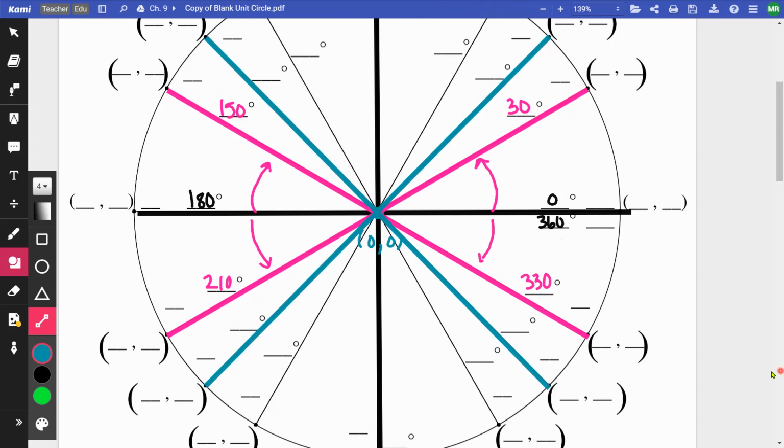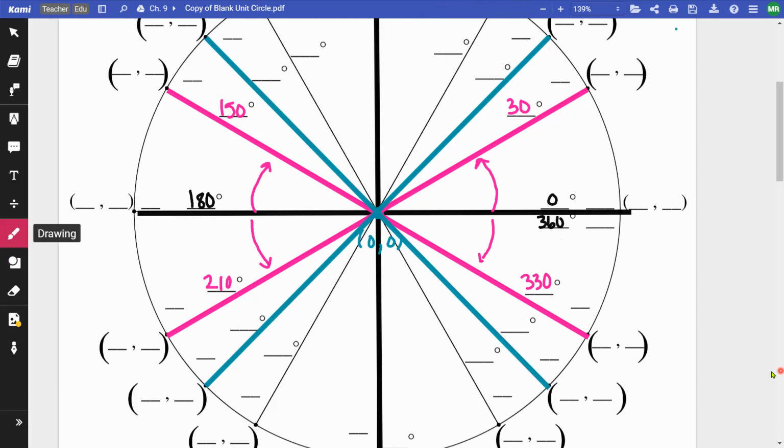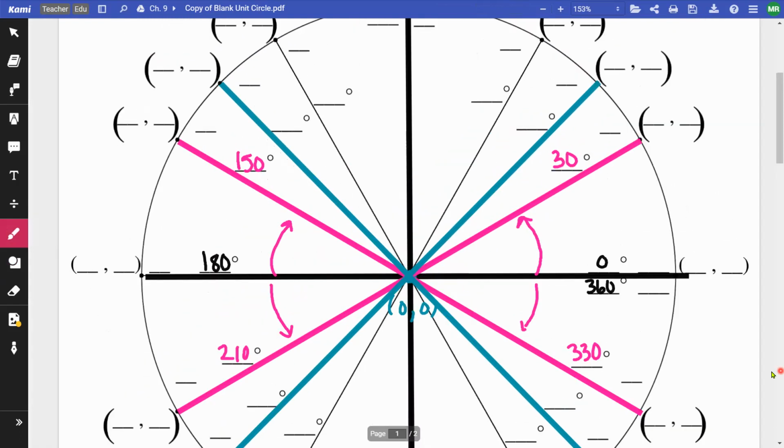Now this one is going to be 45 degrees. And when I say 45 degrees, I mean from here to here is 45 degrees. From the x-axis to there is 45 degrees.